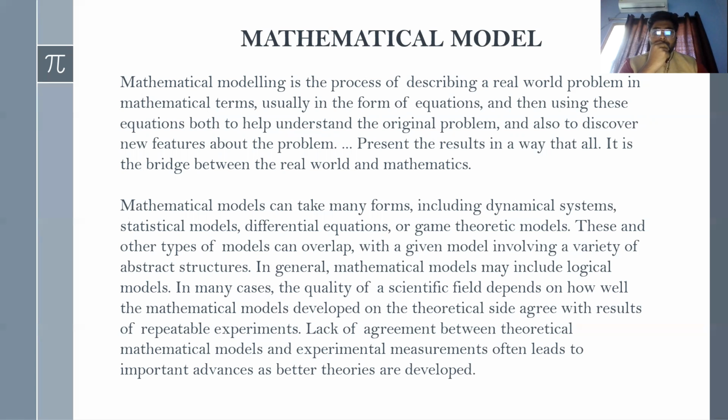These and other types of model can overlap, with a given model involving a variety of abstract structures. In general, mathematical models may include logical models. In many cases, the quality of a scientific field depends on how well the mathematical models developed on the theoretical side agree with results of repeatable experiments.